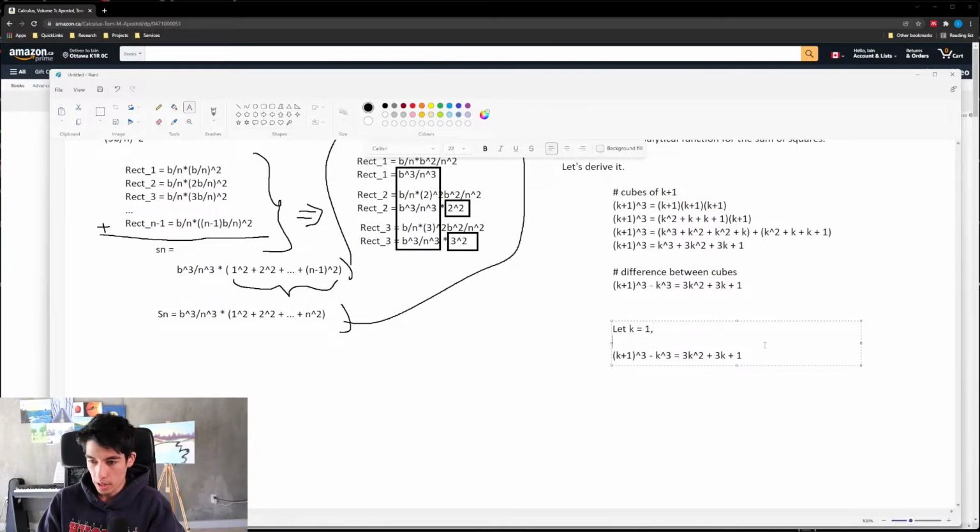And we'll say that this turns into 1 plus 1 minus 1 cubed.